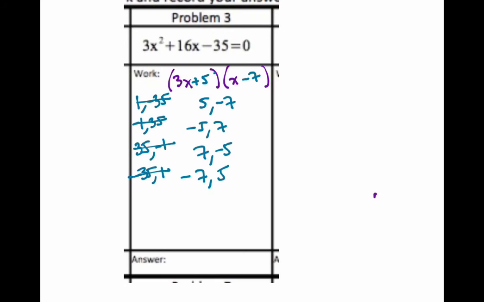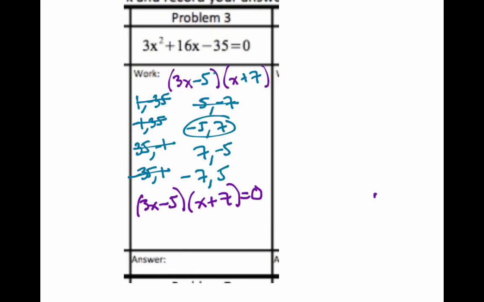I'll bet I just need to reverse the signs. So we'll try that. Negative 5 plus 7. So 3x plus 7 gives me 21x. Negative 5 times x gives me negative 5x. Positive 21 minus 5 gives me 16. Yay, that's my winner. So there is my factored equation.